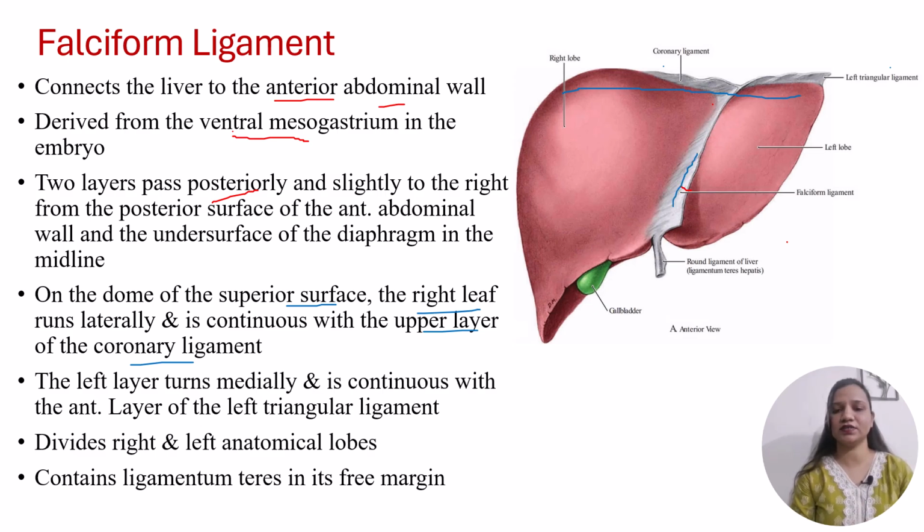This is the right lobe of the liver and this is the left lobe of the liver, and this is the right leaf of the falciform ligament. This right leaf runs laterally towards the right, and it continues with the upper part of the coronary ligament. So this is the upper part of the coronary ligament.